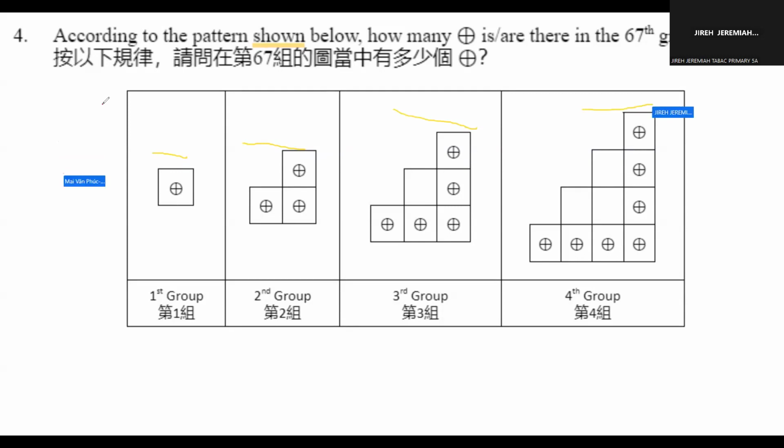So the 67th group is an odd number, because the symbols here are 1, 3, 5, and 7.